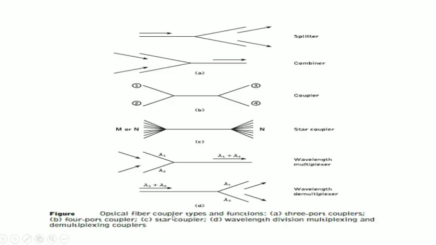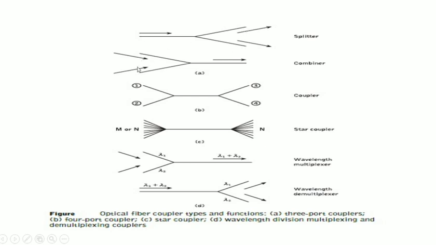Next, we will discuss optical fiber coupler types and functions. What types do we have in optical fiber couplers? It is a passive device, as we already know. In figure A, it is a 3-port coupler because we have first port, second port and third port.